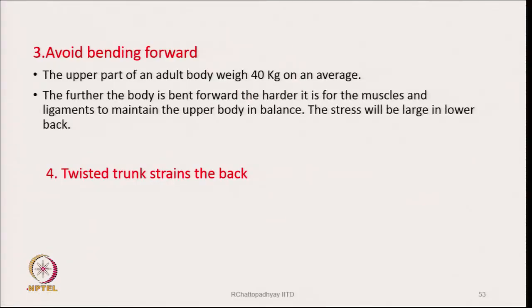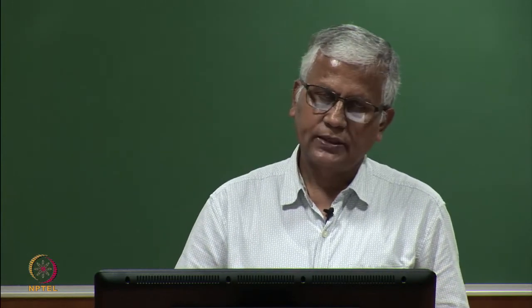The further the body is bent forward, the harder it is for the muscles and the ligaments to maintain the upper body in balance. These are more relevant when we are designing not the clothing, but some machines or instruments related to textile activity. It could be textile instruments, it could be some other textile machines.